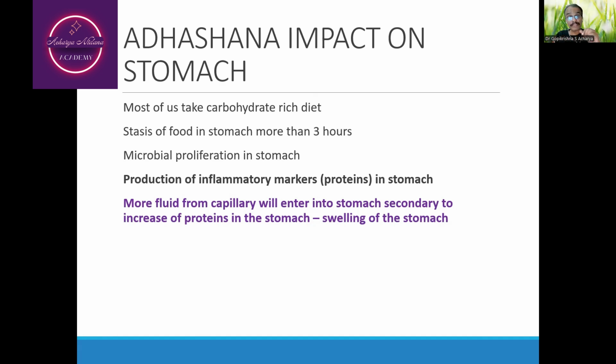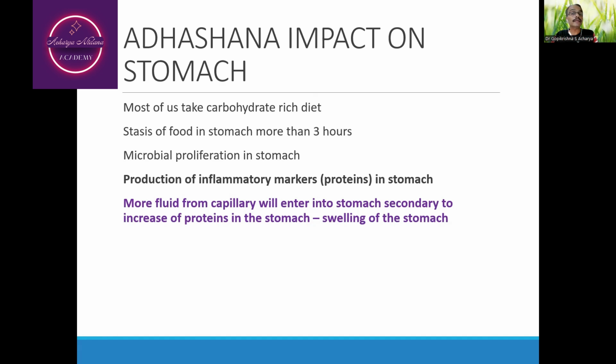Because of the macromolecules which are attached to the stomach wall, they are damaging the stomach wall and they will move directly into the capillaries of the stomach as macromolecules.